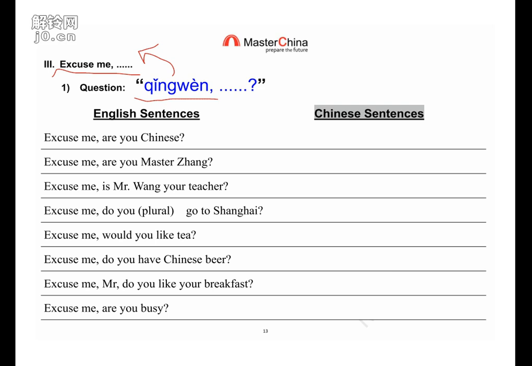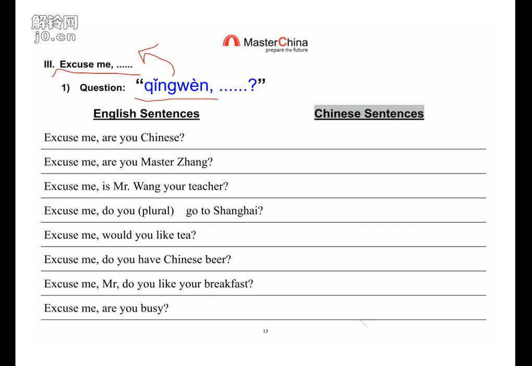People ask me whether excuse me is also used in a statement in English. Yes, for example, excuse me, I want to borrow this book, right? I will give you another word for excuse me in a statement. But here it is only for questions, at the beginning of the question. So I give you some sentences here. You're already familiar with all of them, the questions, but they need to start with 请问.